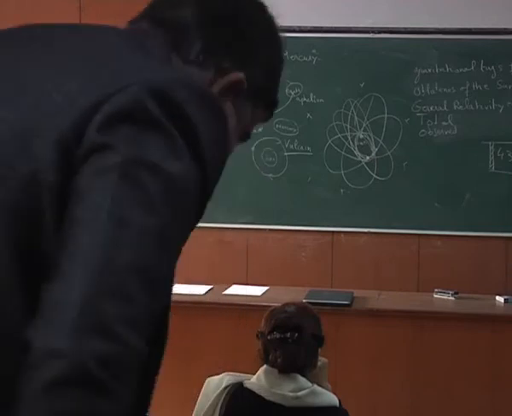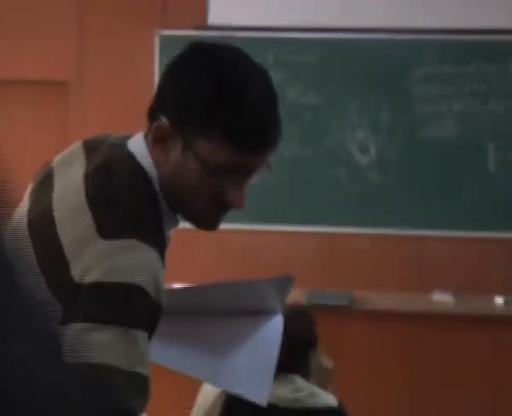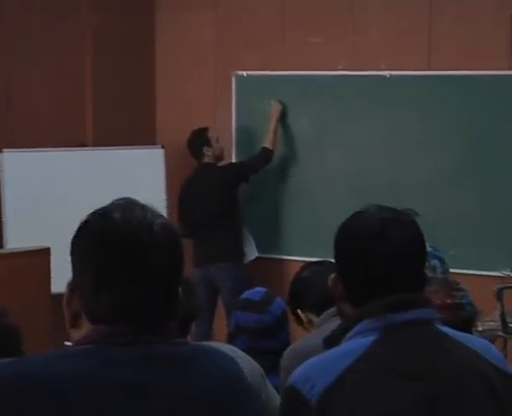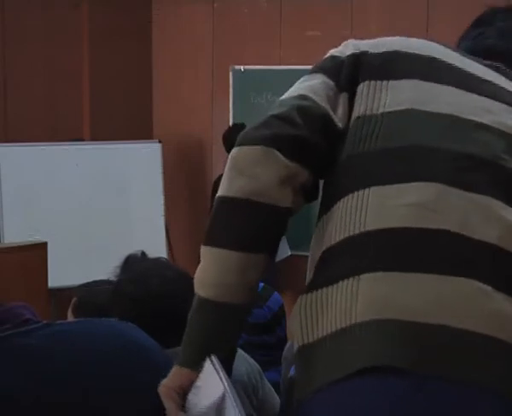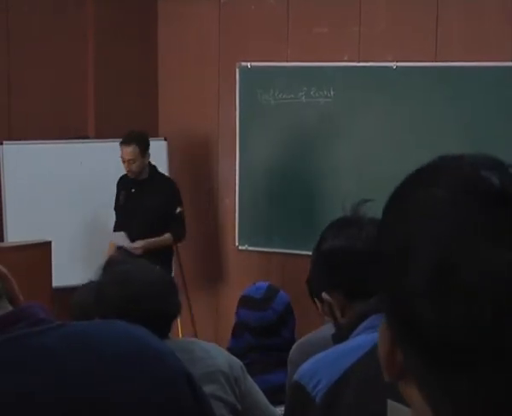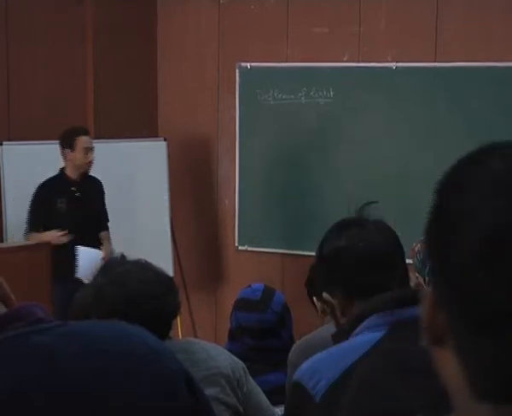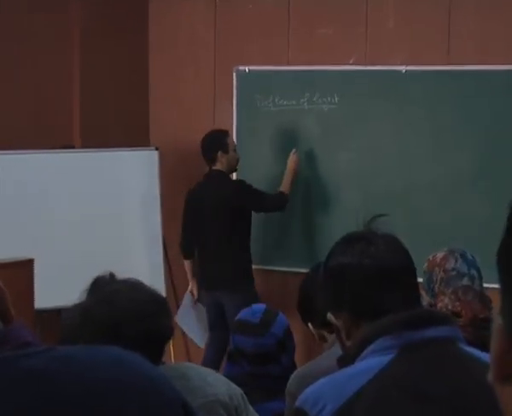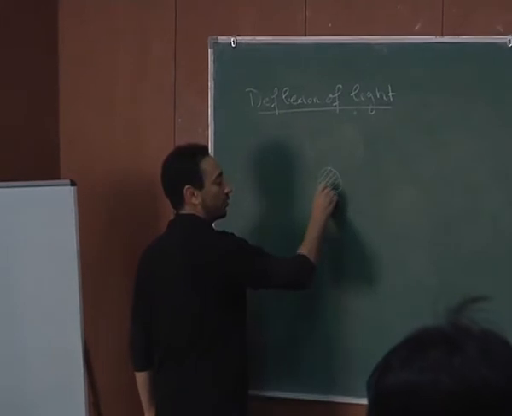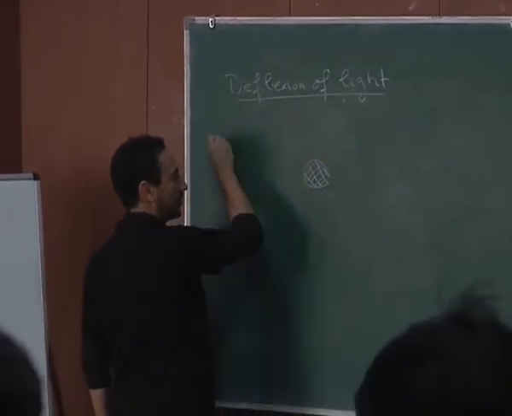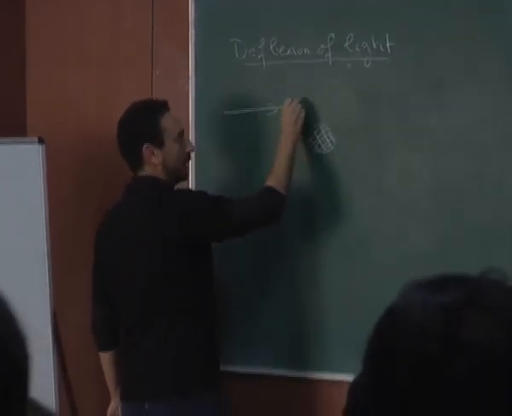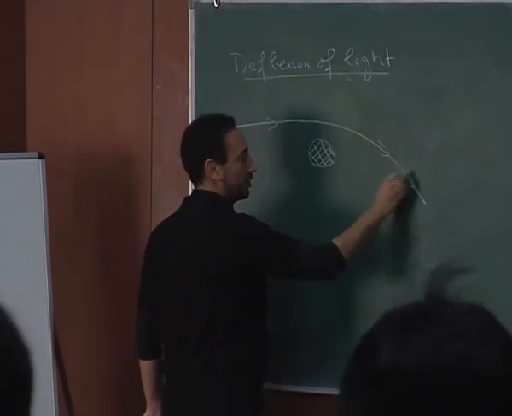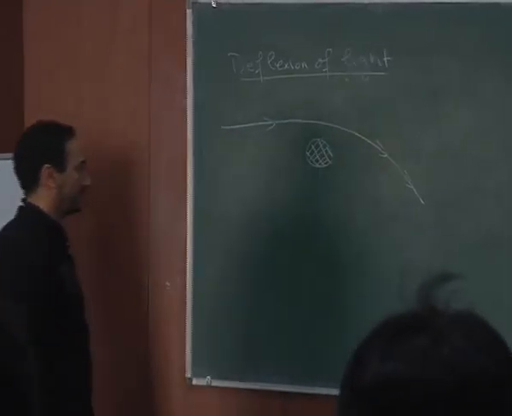So the deflection of light is also a prediction by Einstein. So we know that the theory of general relativity produces a deflection: if you have a massive object, here you have some massive object and you have some light coming, and this light will bend like this, will change direction just because of the massive object.